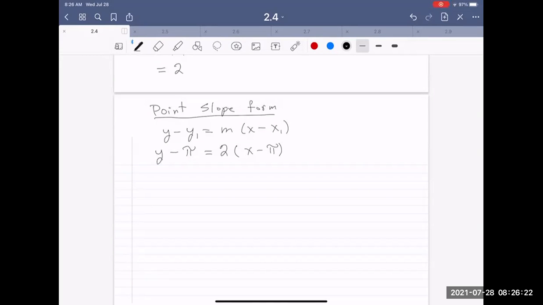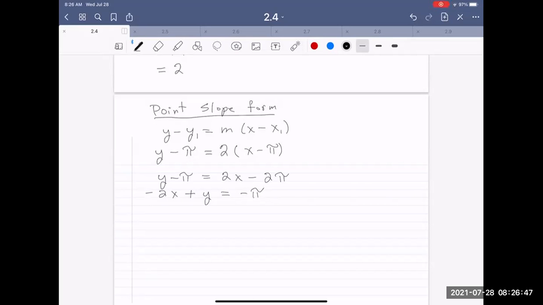So you could just multiply the 2 inside. You could subtract 2x from both sides. Add pi to both sides.